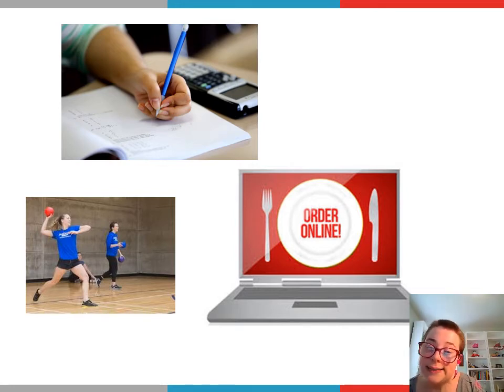Then you would reason based on those prior experiences that if you were to decide to order again, the same thing would happen and that you would have a positive dining experience, right? So all of these examples illustrate the relationship between judgment, decision making, and reasoning.